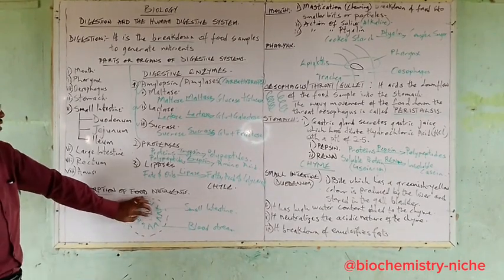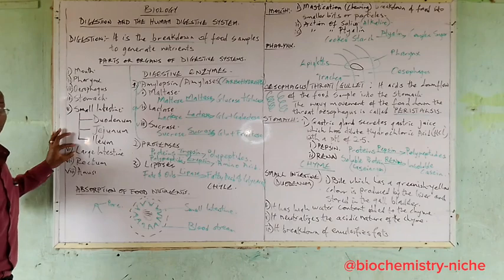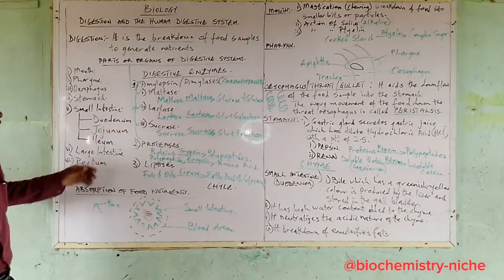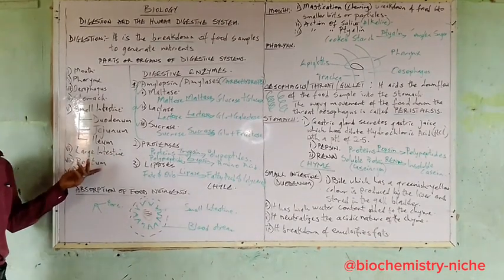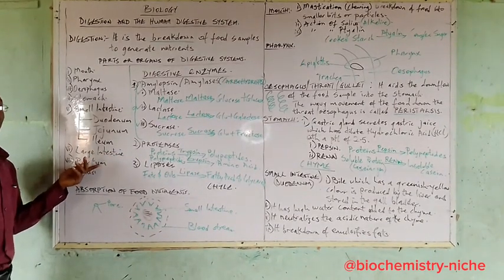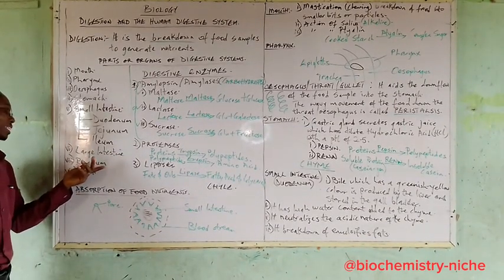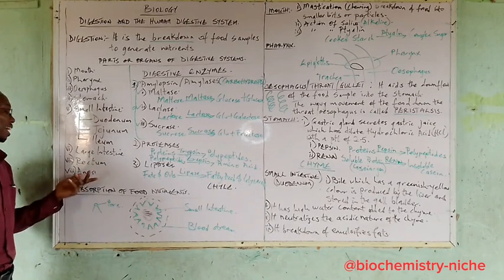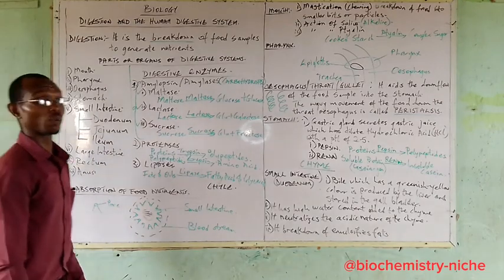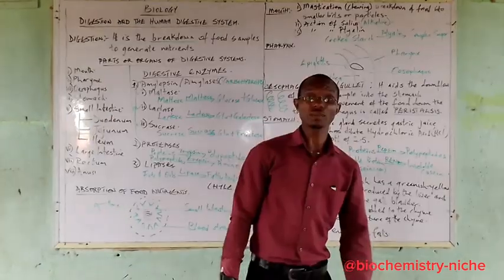All of this waste is then pushed into the large intestine, which is also called the colon. And then we have the substances taken into the rectum. By the time all of these indigestible fibers get into the rectum, it helps in shaping them into pellets, and then they are passed out of the body as waste materials.